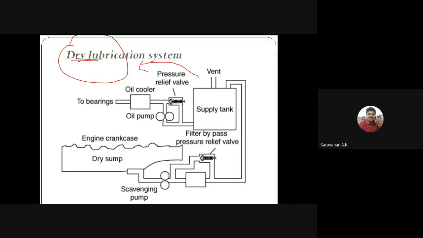In the dry sump lubrication system, the oil from the sump or engine case is pumped into a separate storage tank. So the oil will be stored in a separate storage tank outside of the engine, not within the pan. For the wet sump, you can see the oil is stored in the oil pan, which is mounted on the engine base.